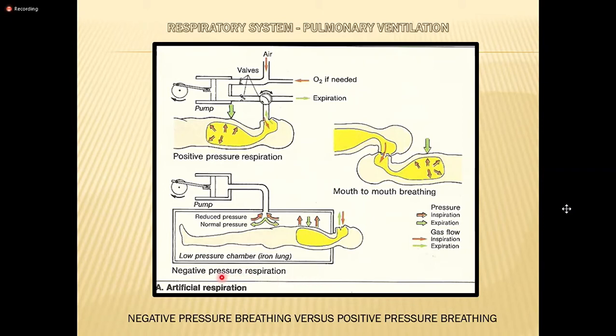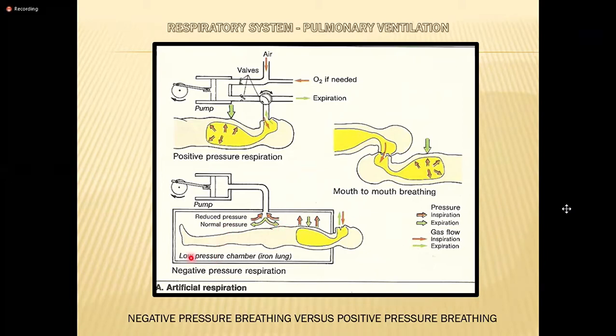When there is, for example, you have polio, so there is paralysis of the respiratory muscles. So they used to place the patient in an iron lung, negative pressure respiration.